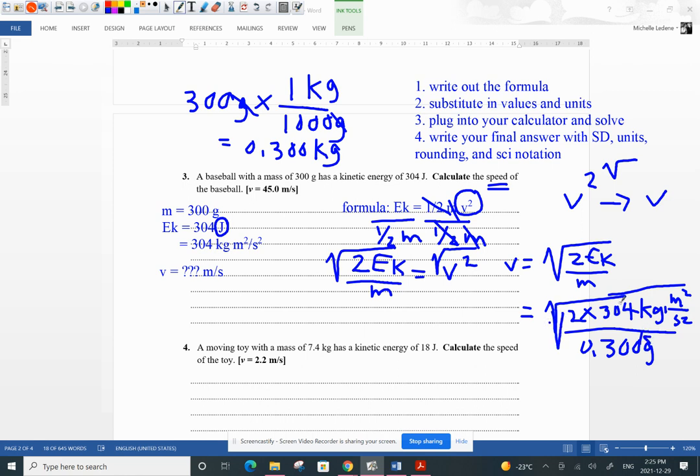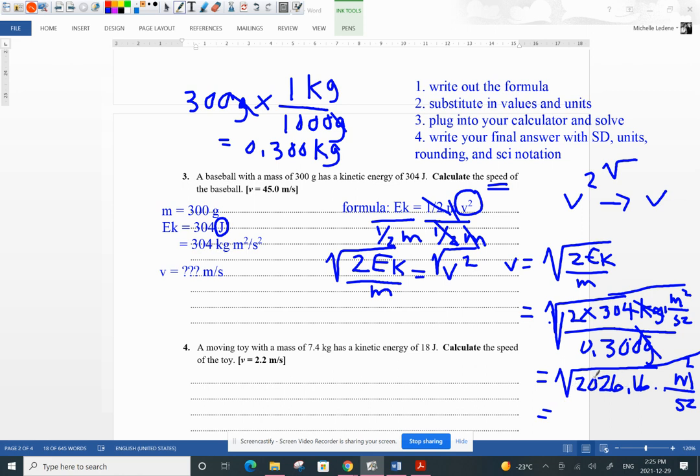Now, take a look, we've got kilograms on top, kilograms on bottom. We can cancel that out. 2 times 304 divided by 0.300, and then you take the square root of that. On your calculator, it's going to be like 2026.66 repeating meters squared per second squared, and that's under your square root sign.